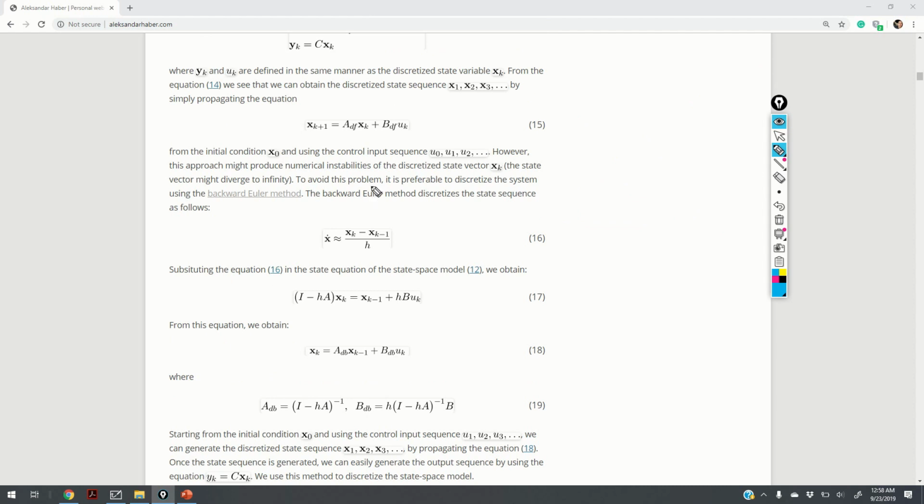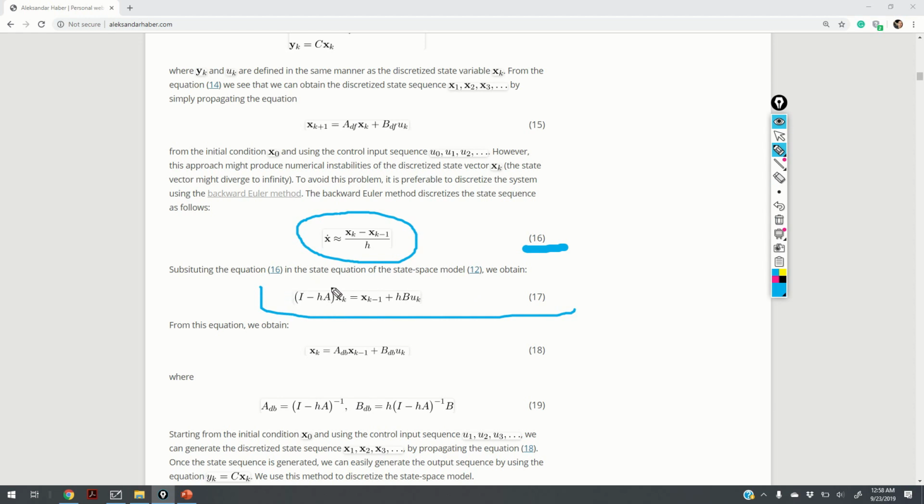Now, to avoid this problem, it is preferable to discretize the system using the backward Euler method. So the backward Euler method discretizes the state sequence as follows. Instead of using forward finite differences, we use backward finite differences. By substituting equation 16 into the state space model, into the state equation, we obtain equation 17.